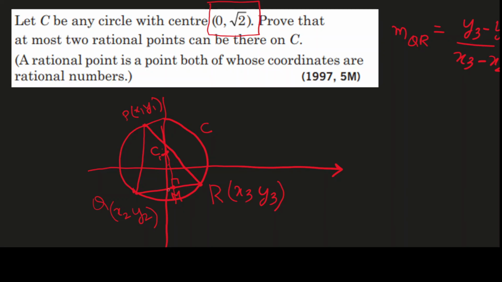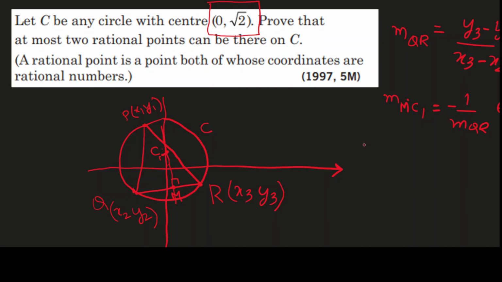So the slope of MC1, where C1 is the center given to be (0, root 2), is minus 1 by the slope of QR. This is also rational because the slope of QR is rational, right?